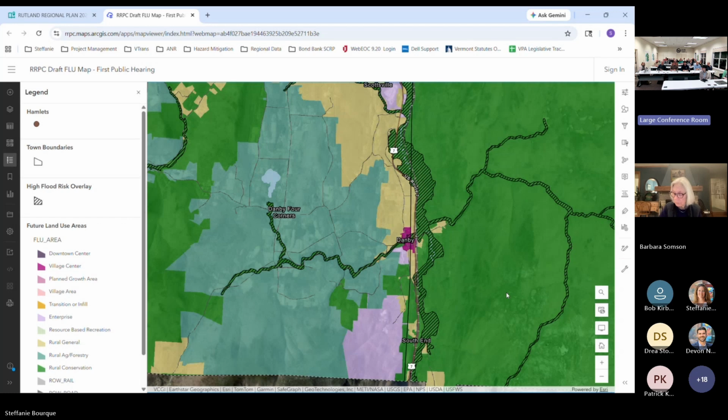That was the attempt here. I don't know the specific details on that one individual parcel without looking at the data, but generally, that's why you're seeing the change between the drafts.